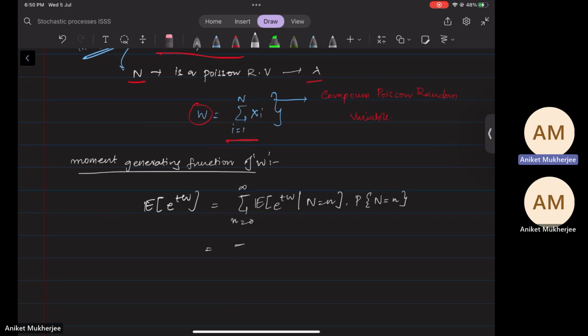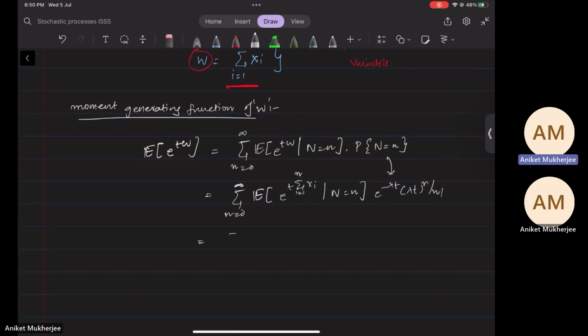This is equal to summation n equal to 0 to infinity, expectation of e power t into summation i equal to 1 to n of Xi, with the condition n equal to n. But since n is Poisson distributed, we know the probability that n equal to n is e power minus lambda, lambda power n by n factorial.